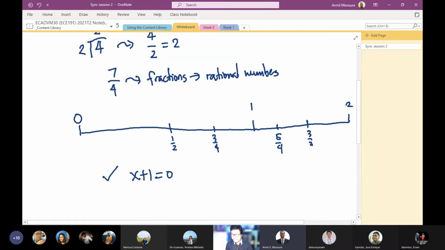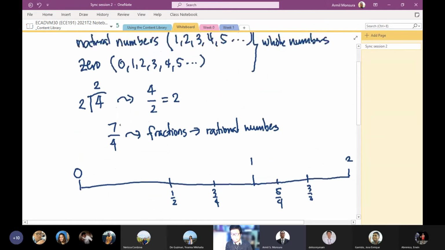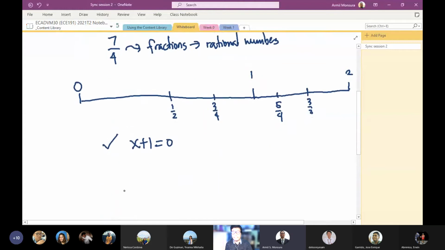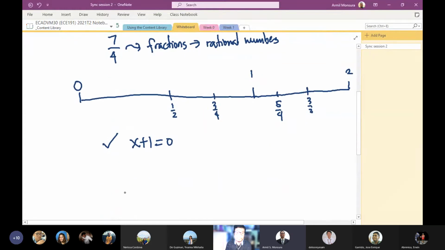Dito sa problem na to, we cannot answer this with any of the numbers that we have here. Okay? So that's why we introduce another set of numbers. Okay? Which then included those numbers that are on the left of the 0 on the number line. Okay. Hence the concept of negative numbers.